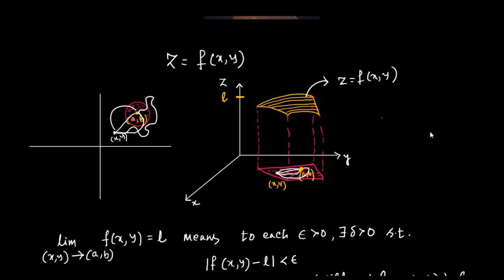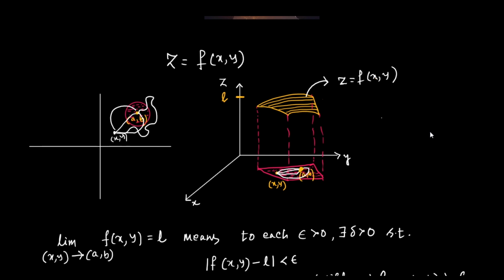Remember, if you make the value of delta smaller and smaller, the neighborhood will also become smaller and smaller, and every point which lies in this neighborhood will become very close to (a, b). Since (x, y) can come to this region by any path, for a small choice of delta the condition tells that (x, y) has come very close to (a, b), whatever the path may be.